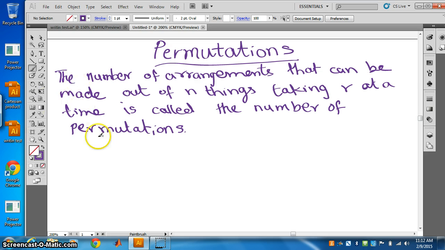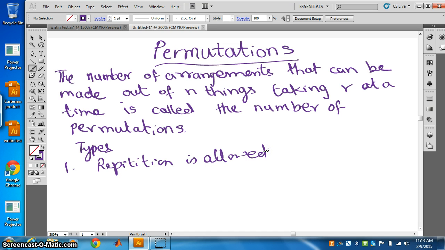Types of permutation. There are two types of permutation. First one, when repetition is allowed. Repetition is allowed means you can take these numbers again and again, like 555, 333.